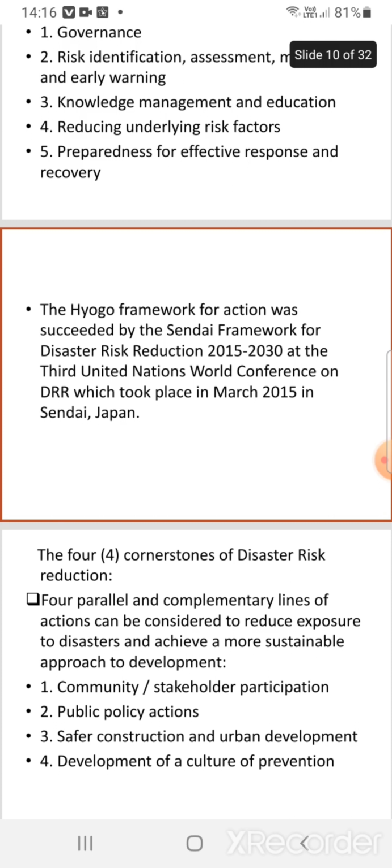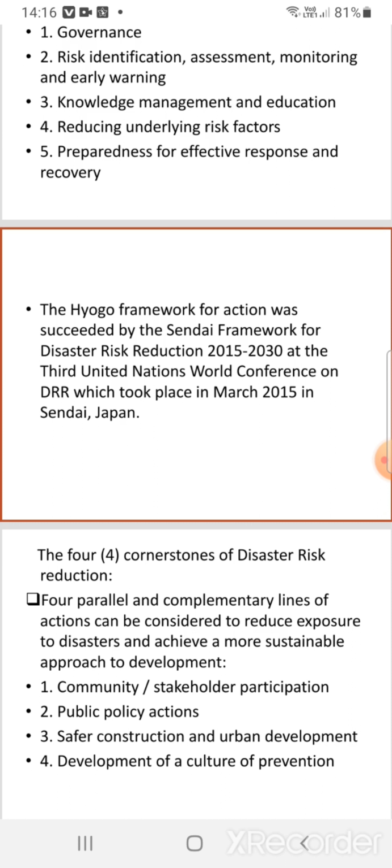The Hyogo framework for action was followed by the Sendai framework for disaster risk reduction from 2015 to 2030 at the third United Nations World Conference on DRR, which took place in March 2015 in Sendai, Japan.